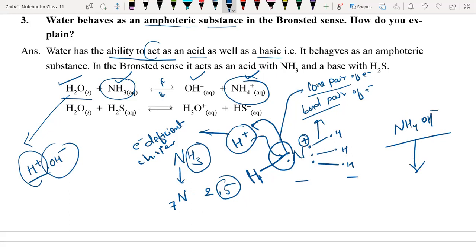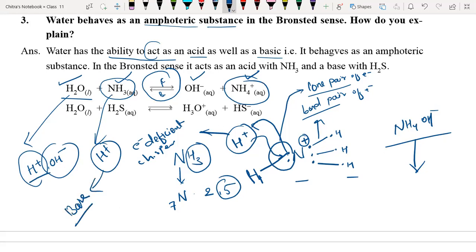It undergoes dissociation and again association in the backward direction, so equilibrium starts here. This is the sign for equilibrium. As we can see here, the hydrogen positive ion approaches ammonia. So we can say ammonia is accepting H positive ion, meaning ammonia is acting as a base here.